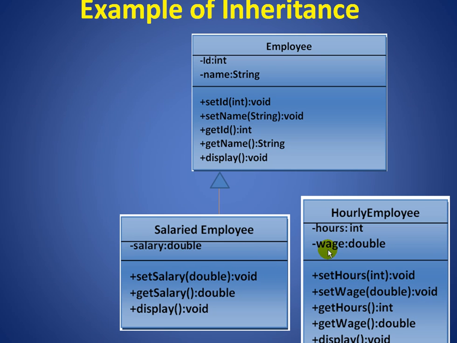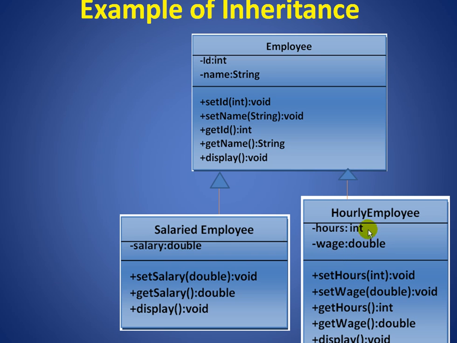The salaried employee and hourly employee both share some common properties, which are ID and name. But the salaried employee, for example, has its own property, salary, which the hourly employee does not have. On the other hand, the hourly employee has properties hours, representing the number of hours he is working, and wage, representing how much he gets paid per hour.